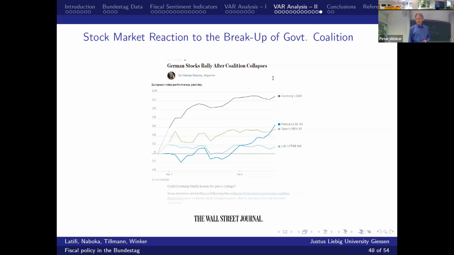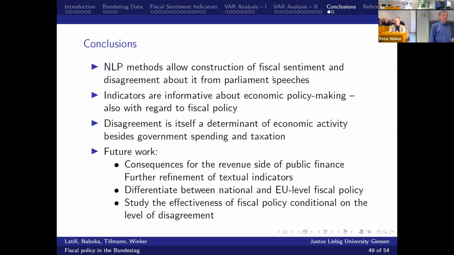So let me conclude. These novel methods from natural language processing allow us to construct new indices, and in our case, a new index for fiscal sentiment and disagreement about fiscal policy from parliamentary speeches, which provide new insights into macroeconomic shocks, namely the fiscal policy shock. And that's the first time you can see that for German data.